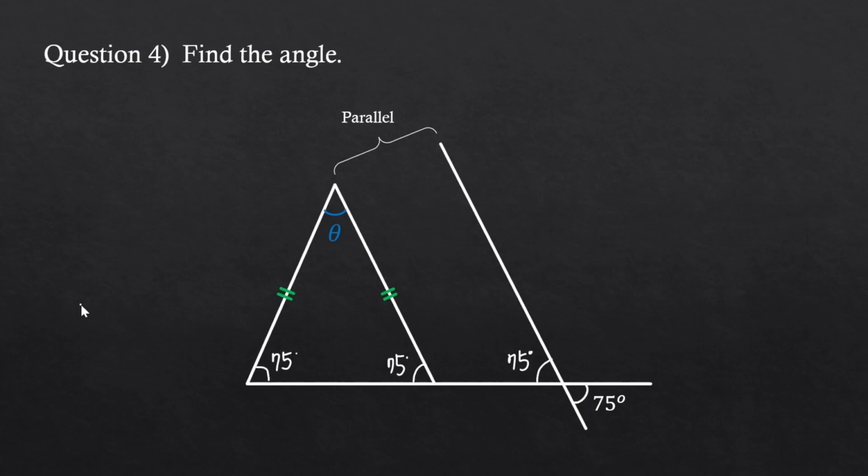That means 180 degrees minus 75, which has been taken, and the other 75 taken by the right side and left side, it should equal to 30 degrees, which should correspond to this angle. So our theta angle should be 30 degrees.